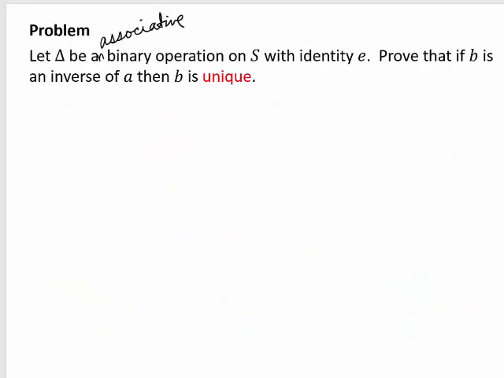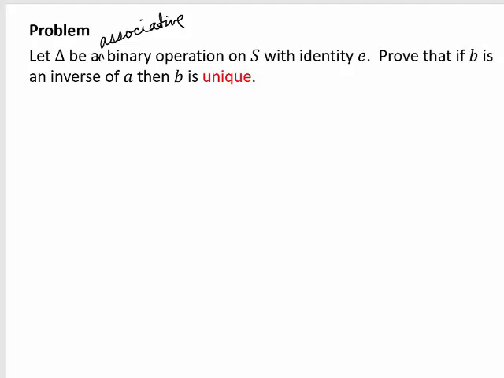So now I would like to prove that if an element has an inverse, that inverse is unique. And unfortunately, I didn't think of it when I recorded this, or when I wrote the outline. The operation does have to be associative.